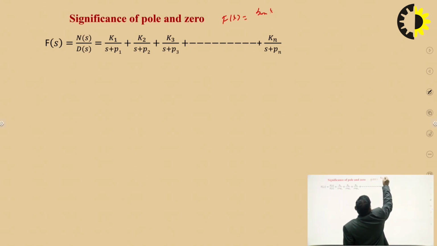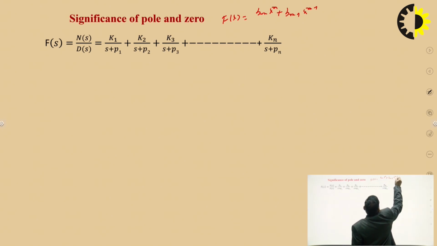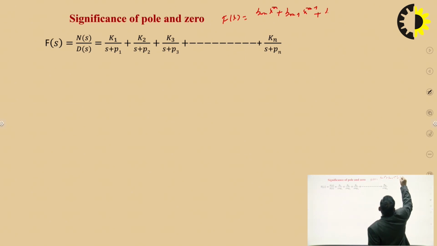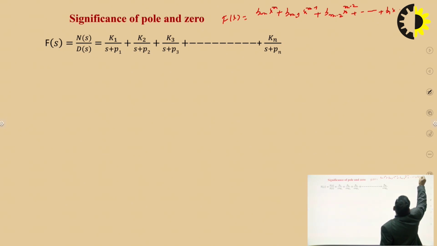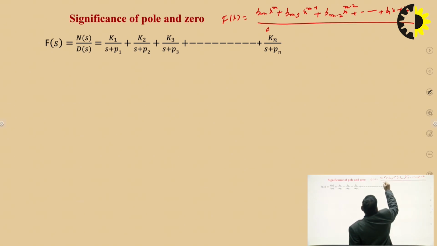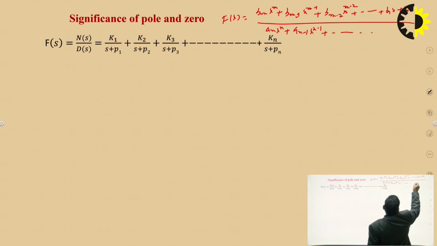Bm s to the power m plus bm minus 1 s to the power m minus 1 plus bm minus 2 s to the power m minus 2 plus b1 s plus b0, upon an s to the power n plus an minus 1 s to the power n minus 1 plus say a1 s and a0.